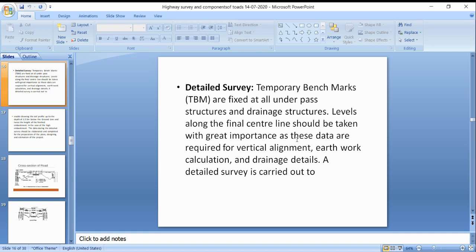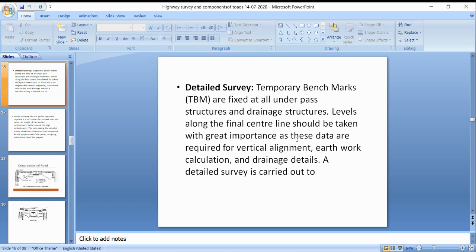The final location of the objects is to be located on the ground, so the center line should be located on the ground, and it should have temporary benchmarks. So we have to establish the temporary benchmarks also, and we have to collect the information for the preparation of the working rules.